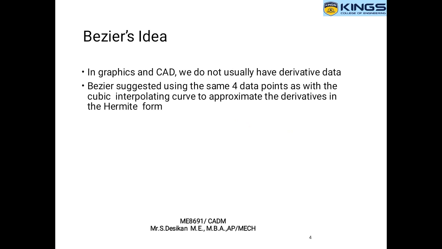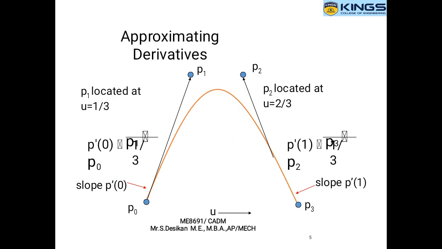When the form is Hermite, we have exponential notation of more than 4. We have to reduce it to 2 derivatives and then we use it in the Bezier curve. This is the basic idea about the Bezier curve and Bezier surface. So these are the approximate derivatives of how the Bezier curve happens.